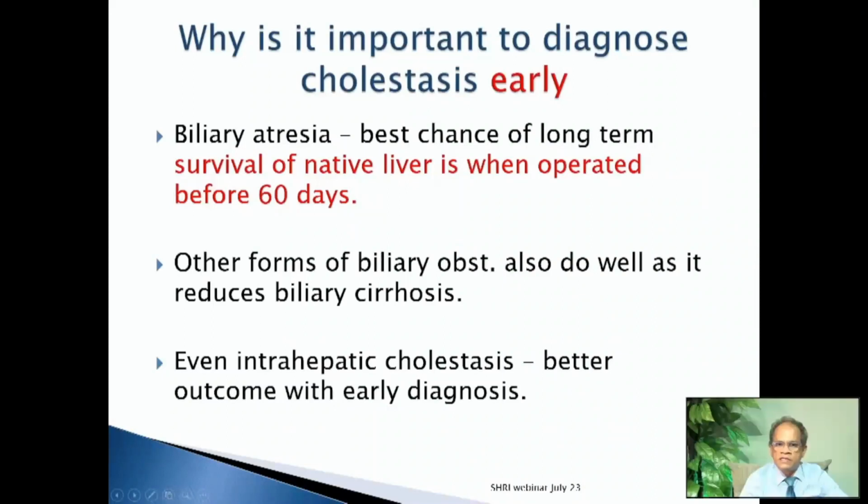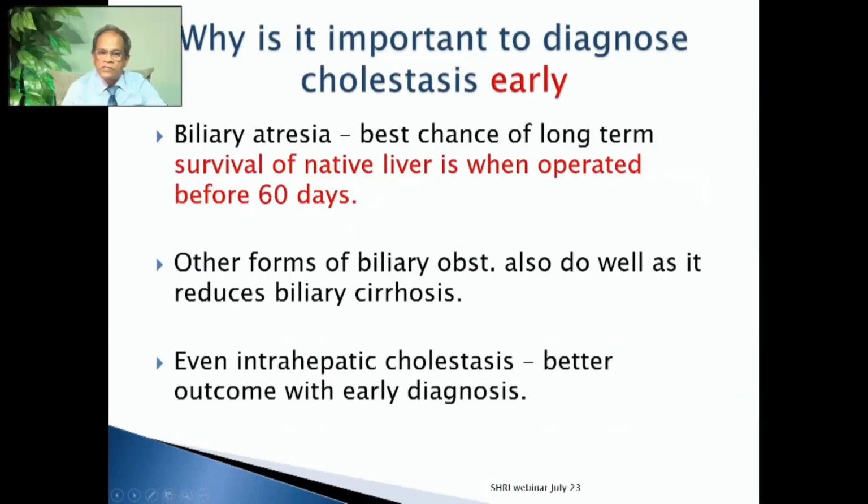Because biliary atresia, which is probably the commonest cause of obstructive jaundice, has an eventual prognosis that depends on the age at which you operate. So if you operate on a baby with biliary atresia before 60 days, you have the best prognosis or best chance of surviving with that native liver.